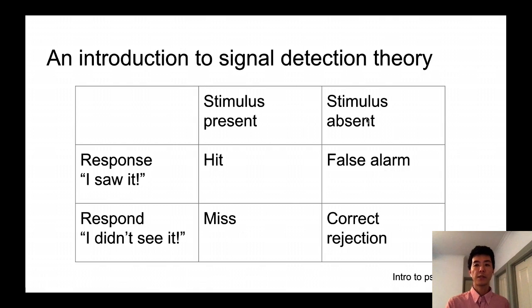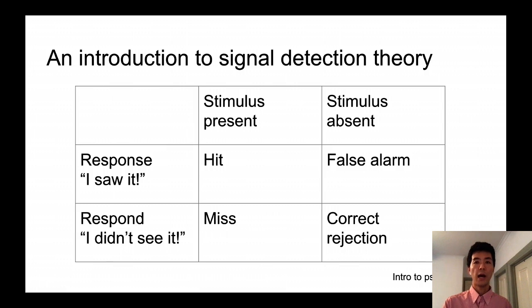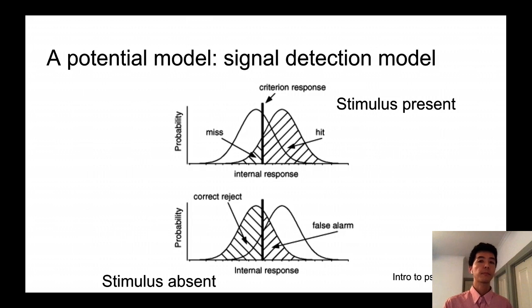And when the stimulus was absent, but the subject said, oh, I saw it, it is called a false alarm. And when it's correctly rejected, it is called a correct rejection. So these are the four types of categories of trials that signal detection theory requires you to assign for each trial type, stimulus type and response type.